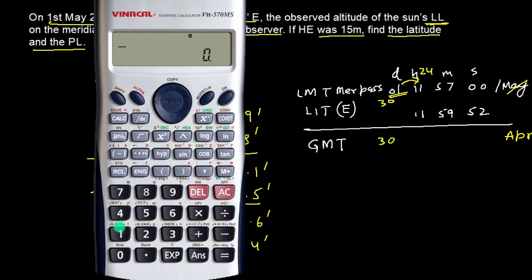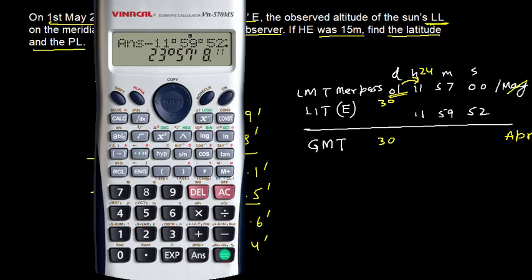Basically it was 11 hours and 57 minutes. You add plus 24 hours here, so you get 35 hours 57 minutes, minus 11 hours 59 minutes and 52 seconds.